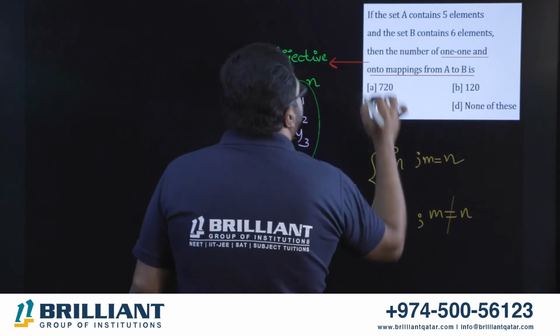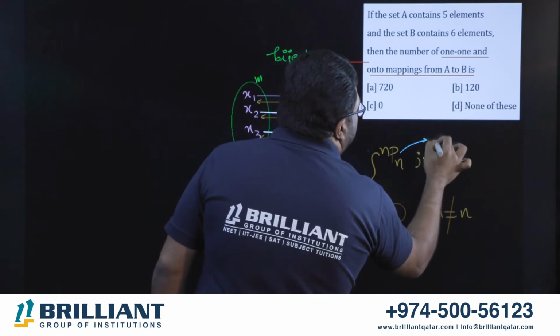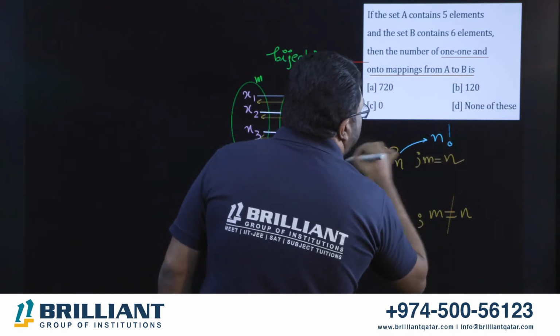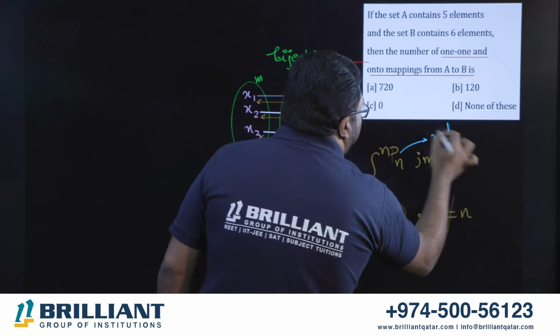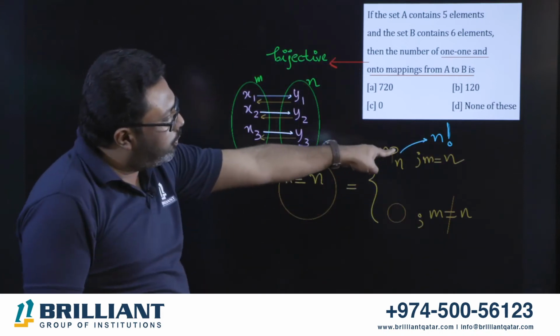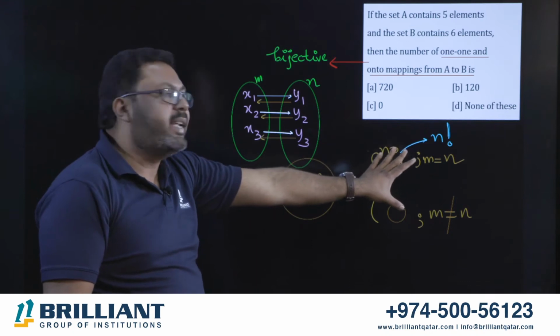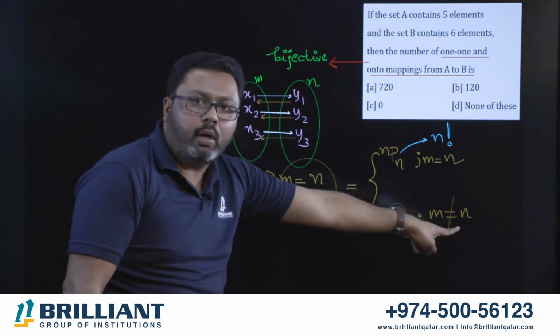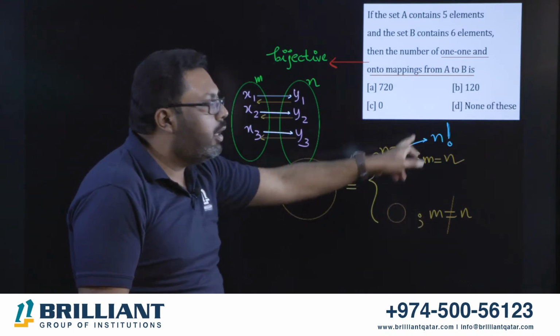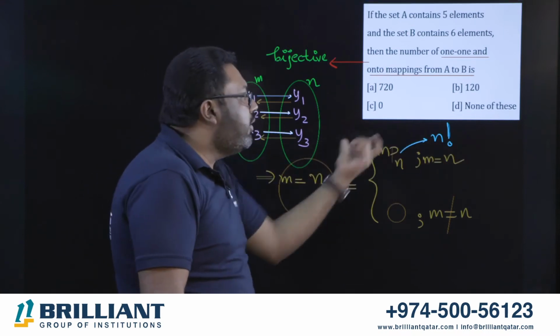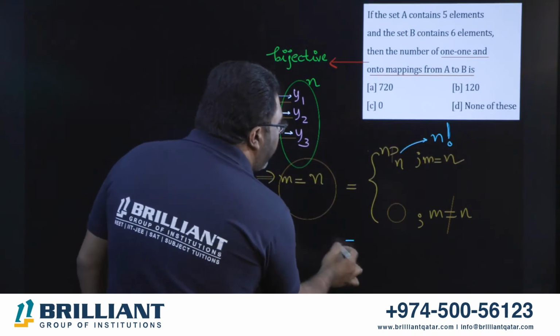Please learn, my dear students, what is nPn? It's a formula from 11th standard. nPn is n factorial. All of you, please learn it. Number of bijective mappings is 0 if m is not equal to n, and nPn if m is equal to n, which is given as n factorial.